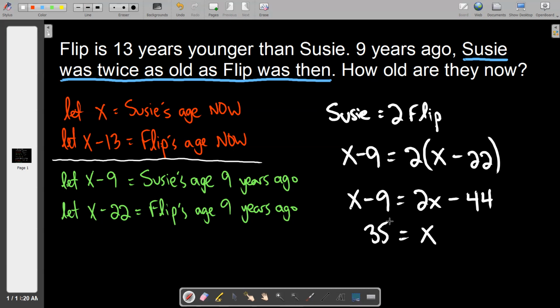If that happens to you where you get a negative, then you can kind of learn from what we just went through and say, well, I must have done something dumb. Because ages aren't going to come out to be negative, right? Same with weights, things like that. So what did we just find? So Susie right now is 35.